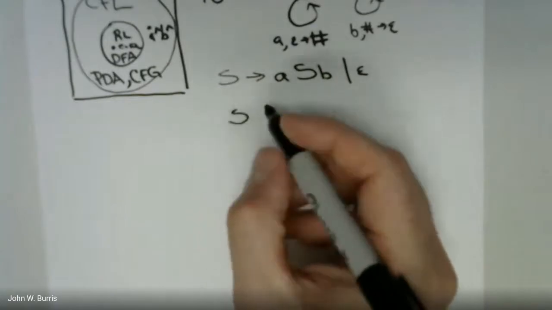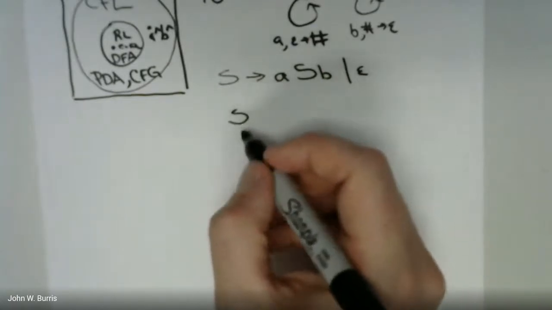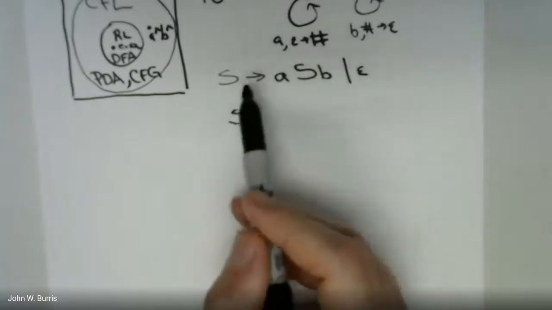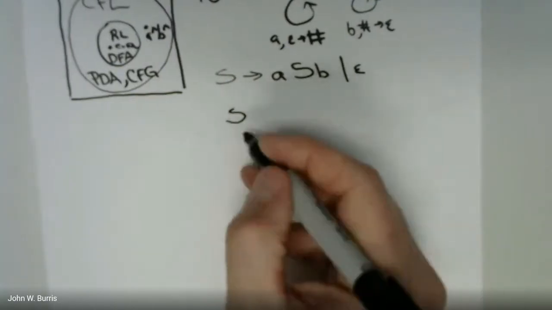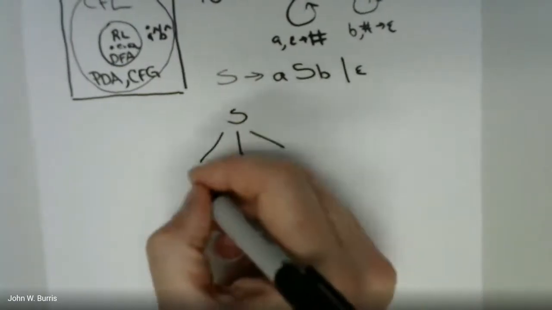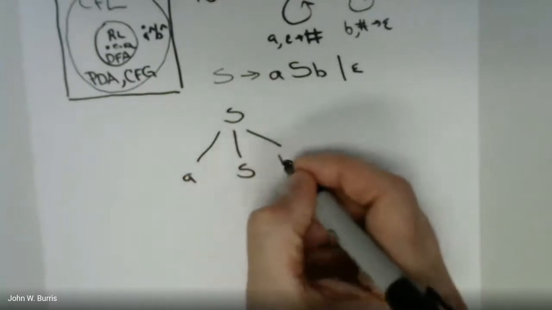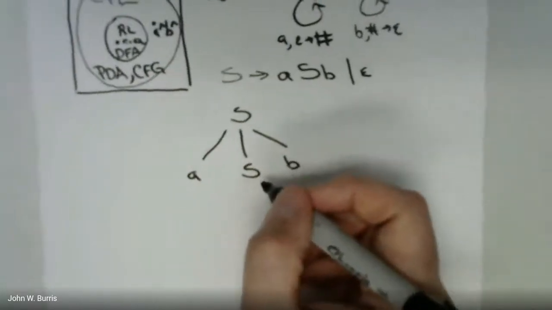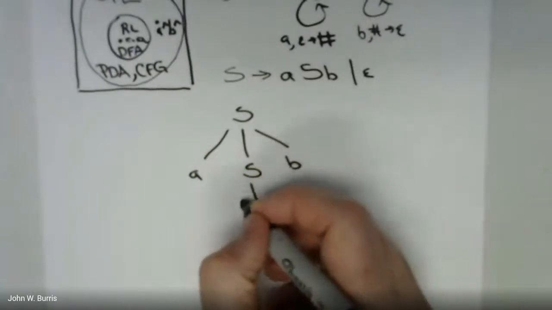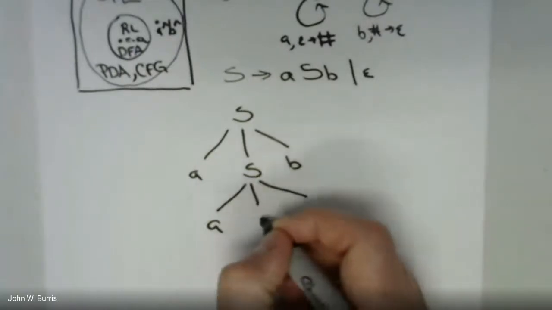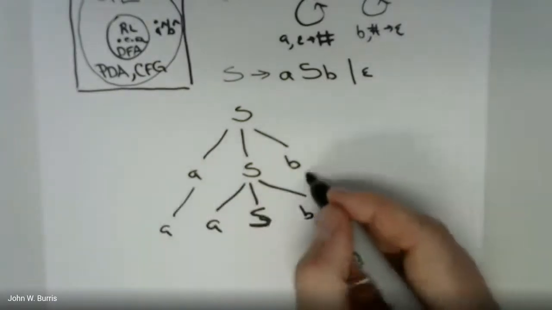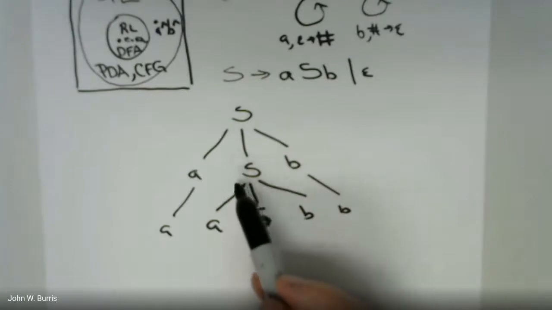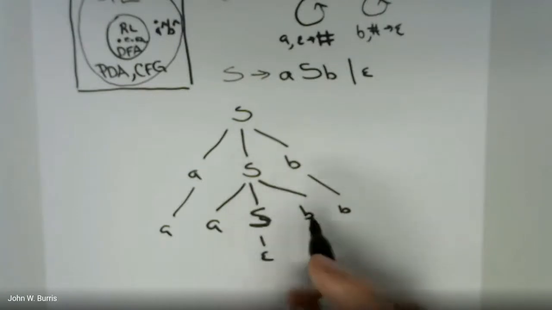We have a starting non-terminal, and when we think about string generation, we go from left to right, and S can give us the non-terminal S, but surrounded by the terminals A and B. So we come down, and it is A, S, B. And that same non-terminal S can come down and give us A, S, B again, a bigger S. These A's come down, and this non-terminal S will eventually terminate here.